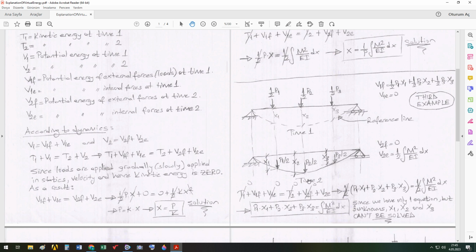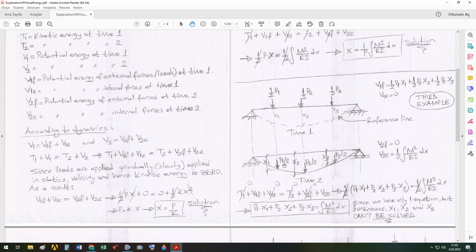At time 2, the final position, according to our selected reference line, load P1 over 2 times the distance between the tip of the arrow and the reference line is 0, because the load itself is on the reference line.